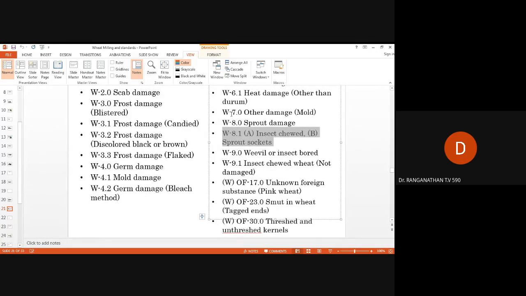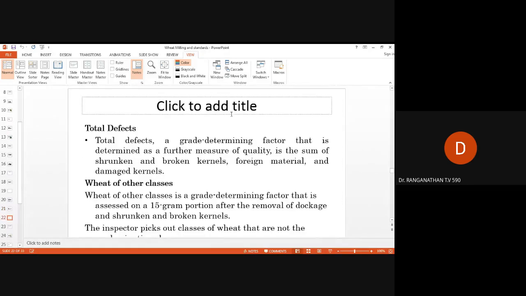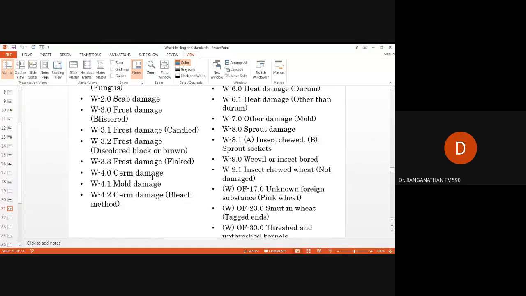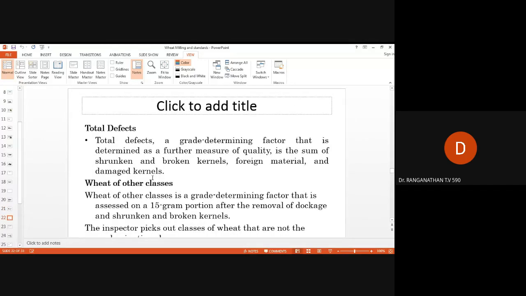So a known weight of the grains is taken, and then these are characterized. Okay. Now, total defects are the grade, determined as a sum of all the things. So what are the things? Shrunken and broken kernels, foreign material and damaged kernels. All put together, we have the defects, and this gives the quality of the harvest that has been obtained.